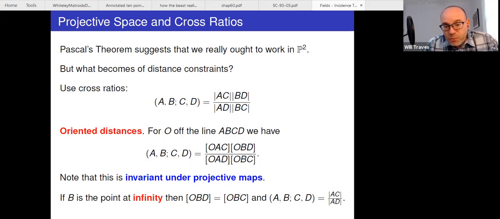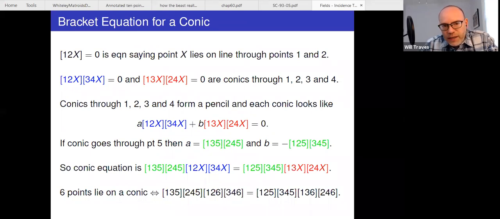Okay, so these brackets that we have here are going to play a central role in what we're doing. I want to give the bracket equation for a conic. Let's go through this slowly. So the bracket equation [1, 2, x].